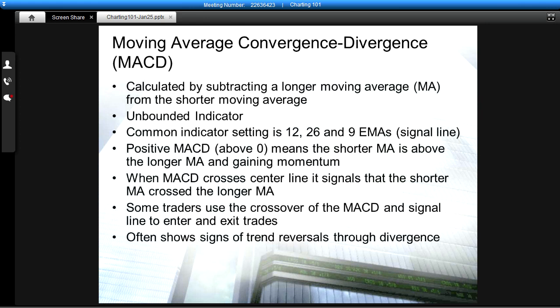So whether it's crossing down or crossing up, it means that the two moving averages crossed. Some traders use the crossover of the MACD and the signal line to enter and exit trades. They also use the crossover of the center line or 0 to enter and exit trades. The MACD often shows signs of trend reversals through divergence.